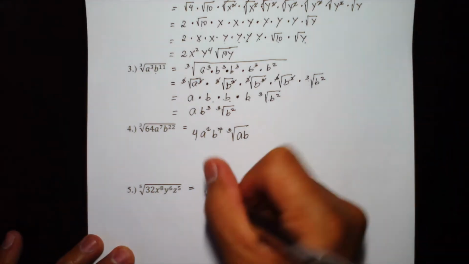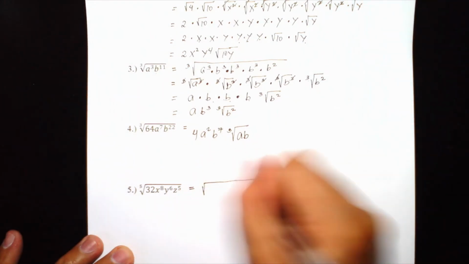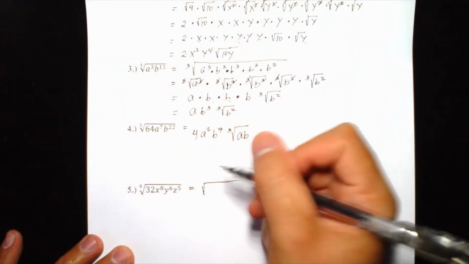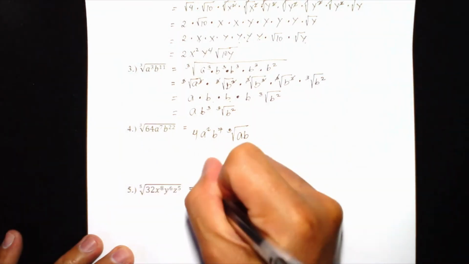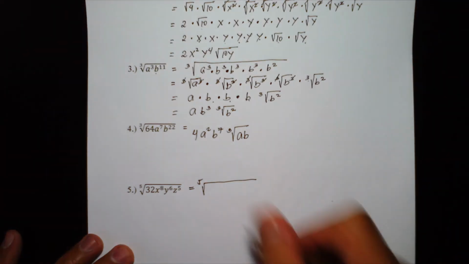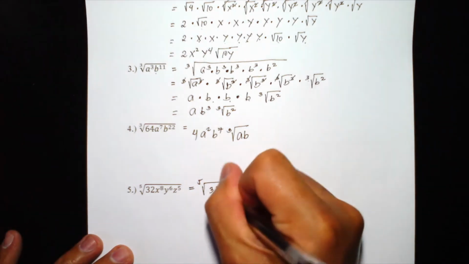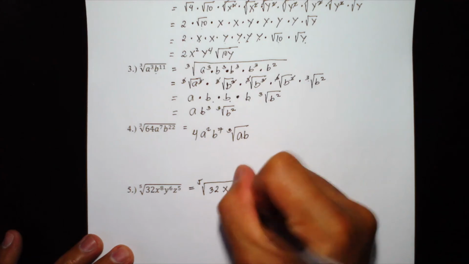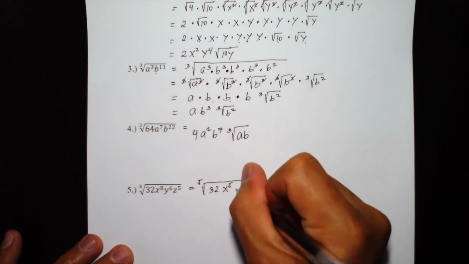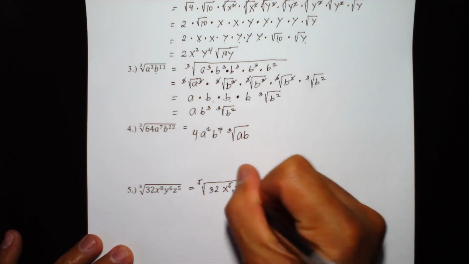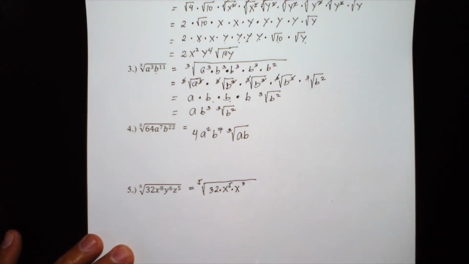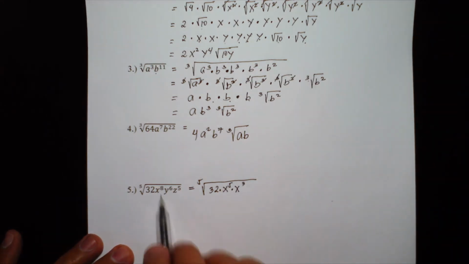We have to factor all the radicand with respect to the fifth root. So we have fifth root, we have 32 x raised to 5, then x raised to 3. When you multiply this one, the result will be x raised to 8.